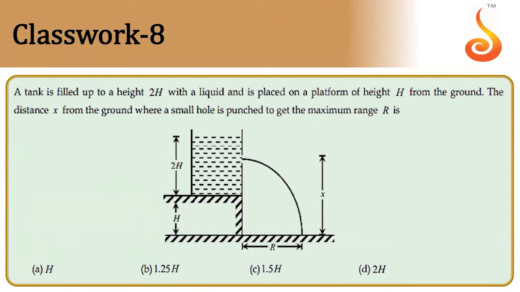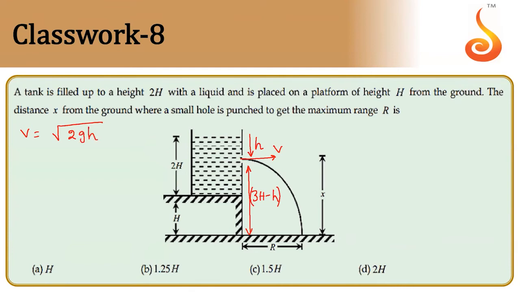Say the depth of the hole from the surface is H. Then what is the height of the hole from the ground? X is equal to 3h minus H. Now, speed of efflux is equal to root over 2gH.